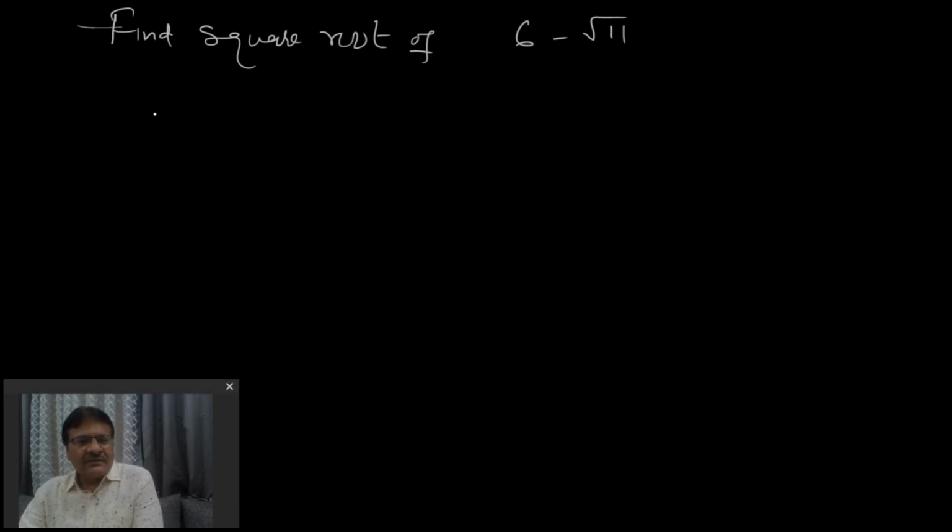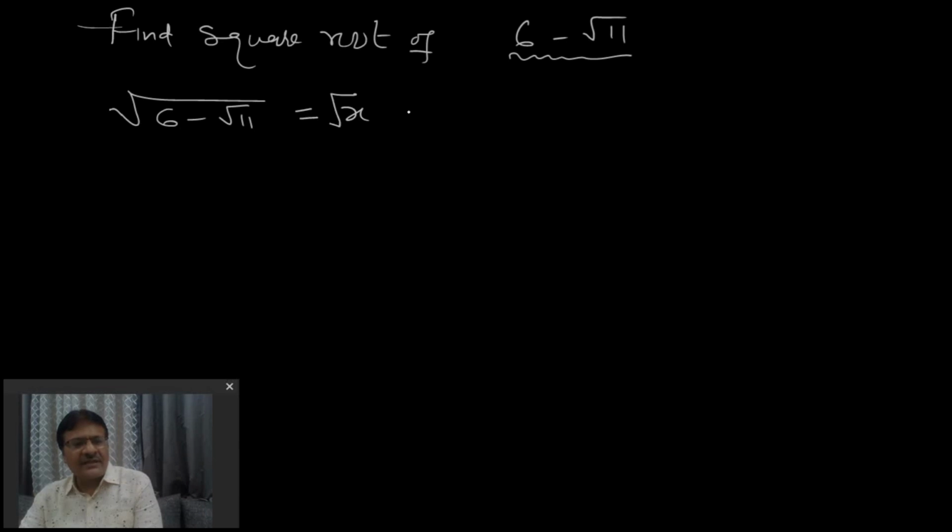Now do one thing. Whenever you need the square root of such a quantity, then assume it this way. Square root of 6 minus root 11 equals root x minus root y. If here it is plus, then write plus, and if here it is minus, then write minus. That's it. You simplify it, you will definitely get the answer.